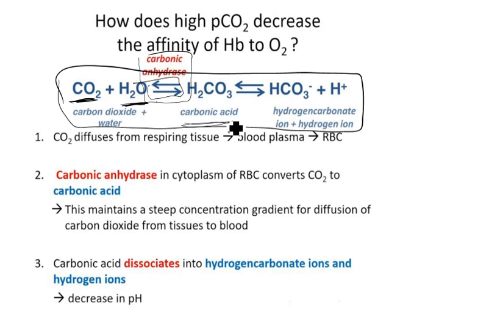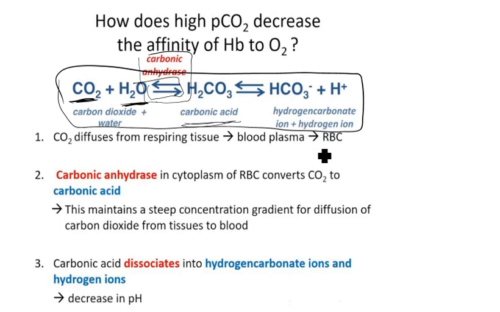Now look at the first point. CO2 diffuses from respiring tissue into the blood plasma, then into the RBC. Remember, we're looking at how high CO2 decreases the affinity.